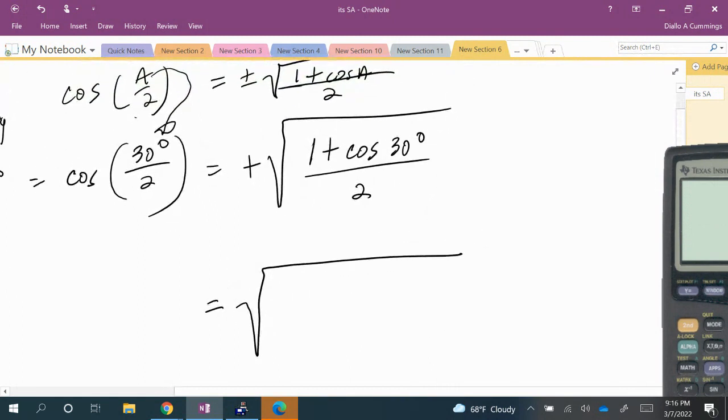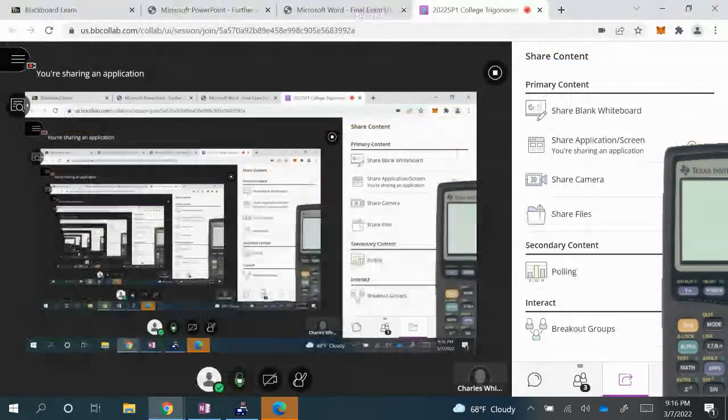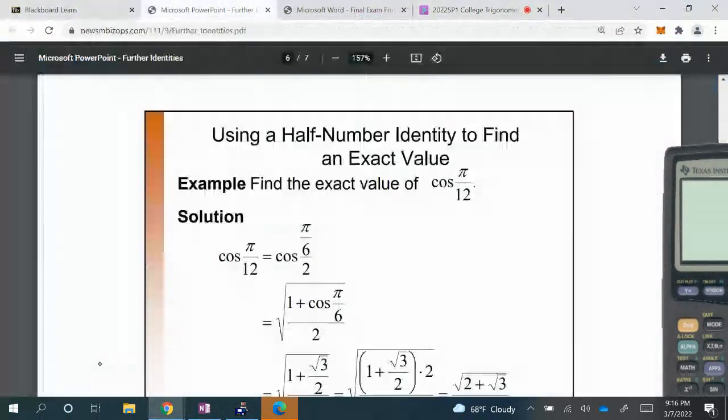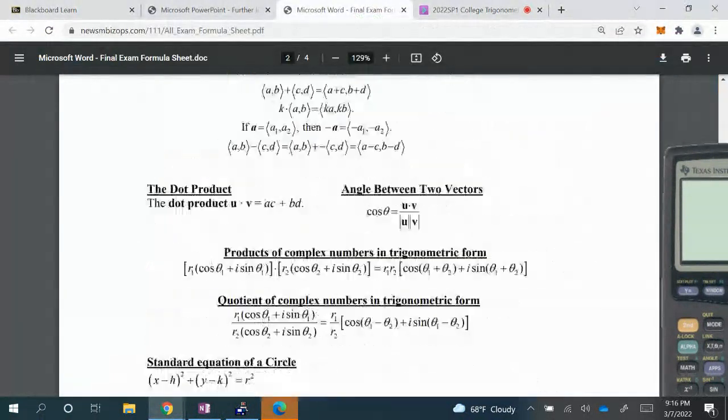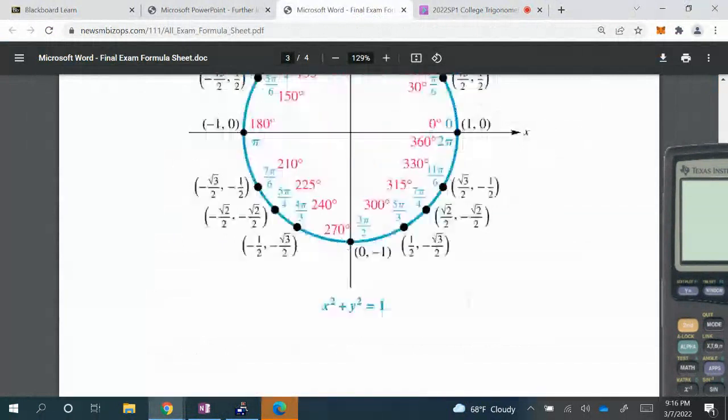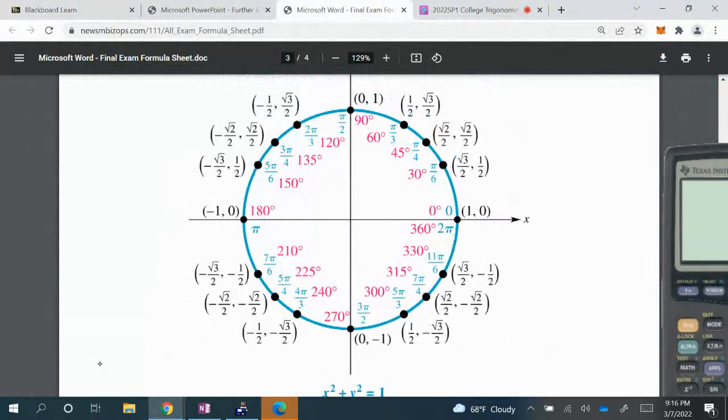All right, if you look at your unit circle, or let me just pull that up really quick. If I look at my unit circle and if we look at 30 degrees, which is pi over 6, the cosine is the x value, that's square root of 3 over 2.